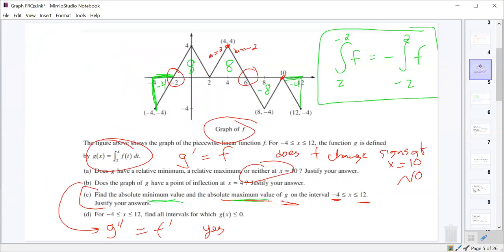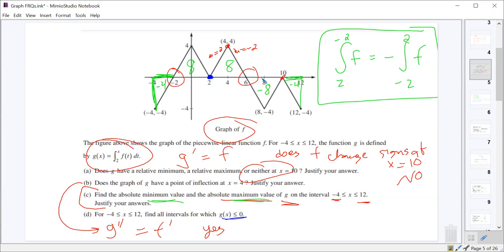We want to know when it is negative. So if it's 0 here, now I've added in an area of 8 for the value of g, going from 2 to 6. Definitely not negative, right? This is all positive from 2 to 6. As I go from 6 to 10, I went from 2 to 6, I'm at a positive 8, and then I'm continuing to 10.